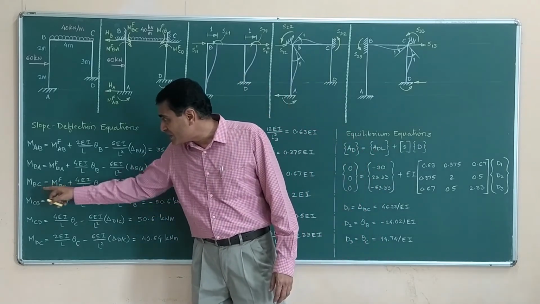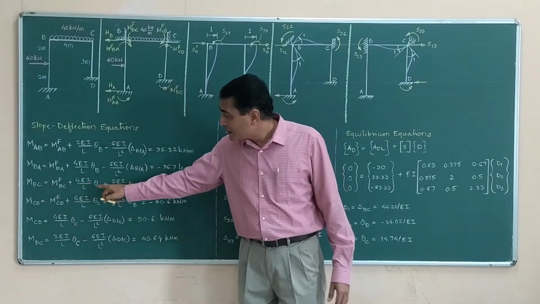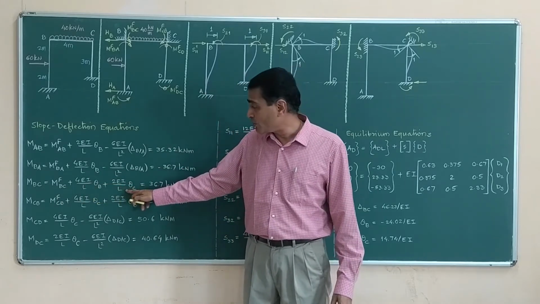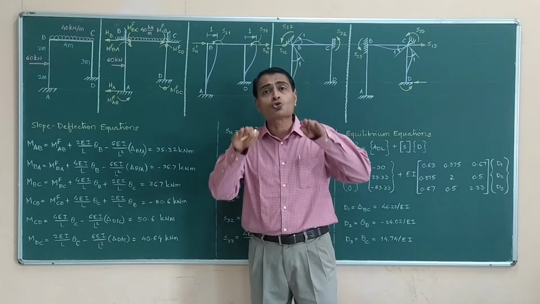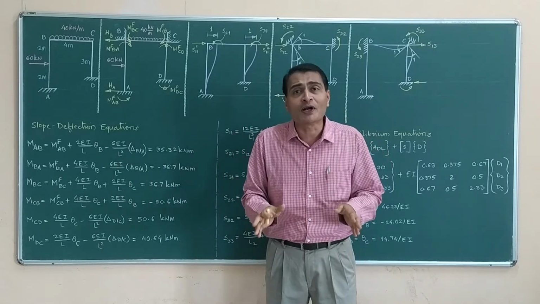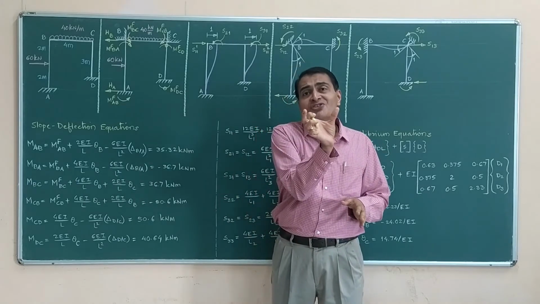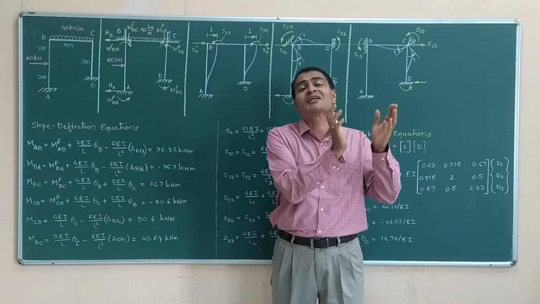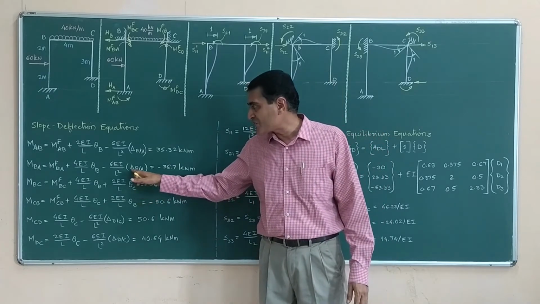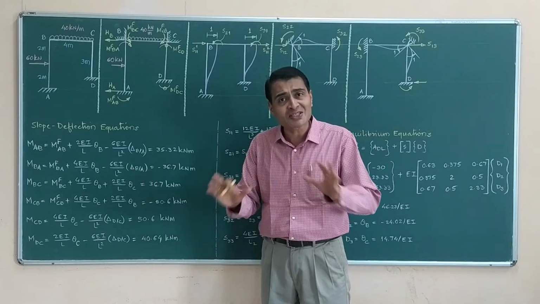M of BC is fixed end moment, near end rotation contribution, far end rotation contribution. However, there is no relative translation between C point and B point. Entire BC is swaying or translating rightwards. That's why that last term of delta C relative to B is absent.